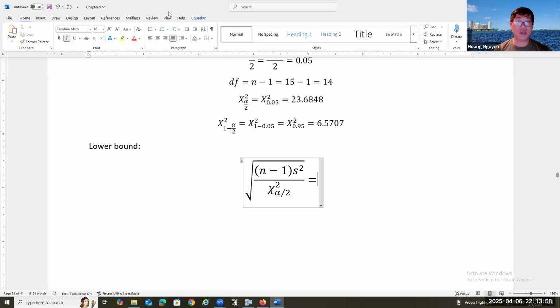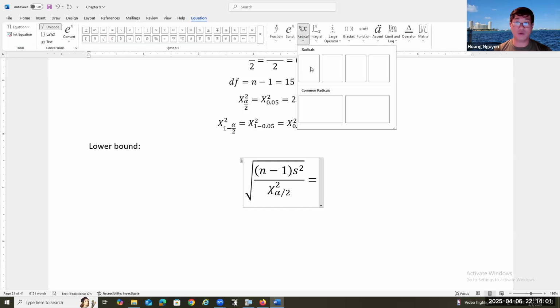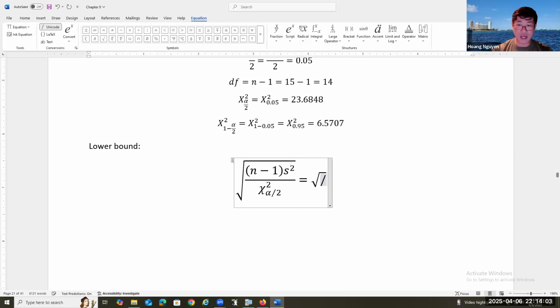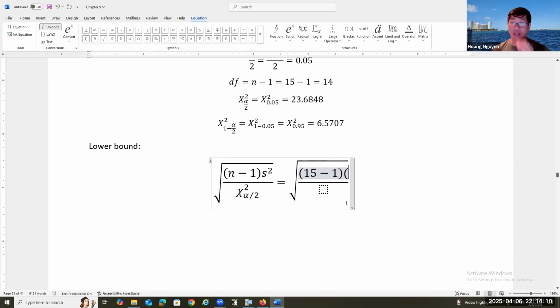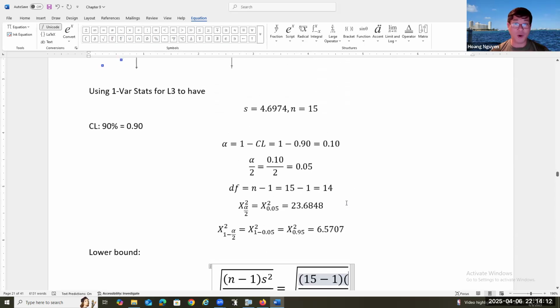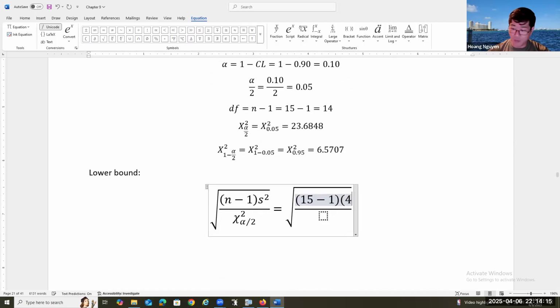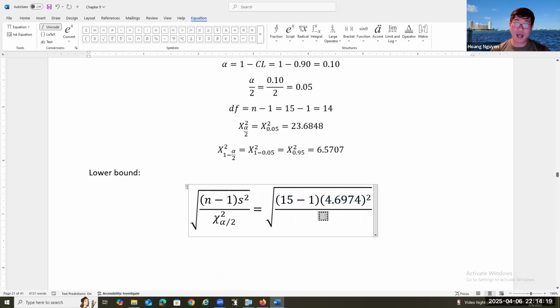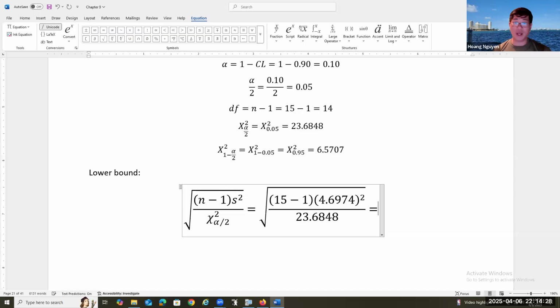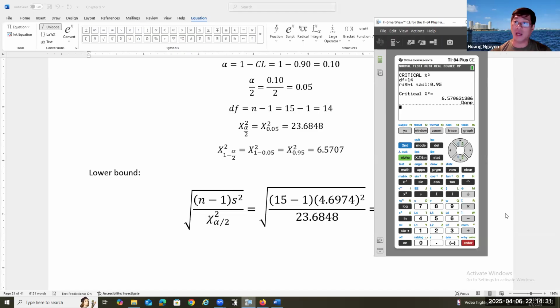Now we're going to substitute the values. That's going to be the square root of, and inside the radical we have n, which is 15, so 15 take away 1, times the standard deviation squared, 4.6974 raised to the power 2, divided by the chi-square of alpha over 2, which is 23.6848. That's how we calculate the lower bound. Let's use the calculator to get the answer.